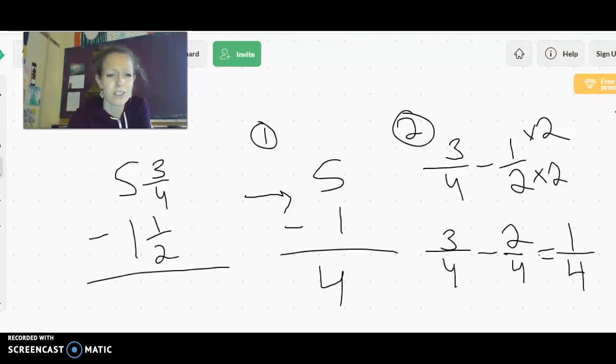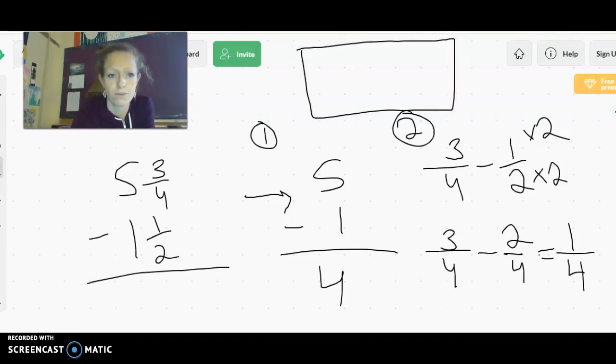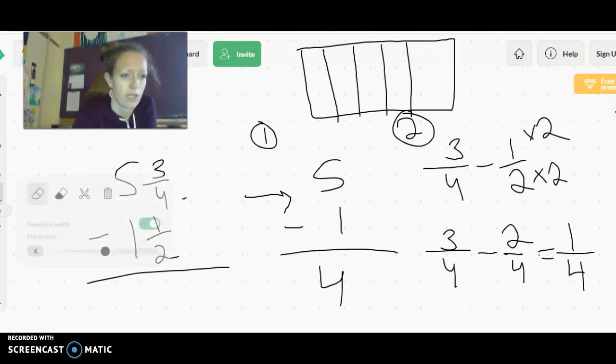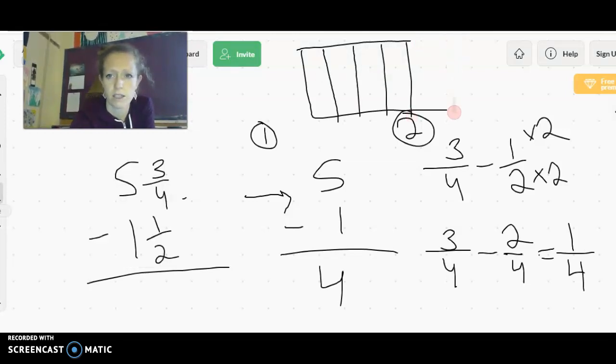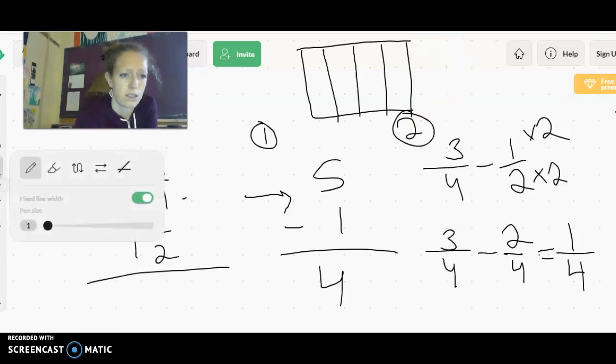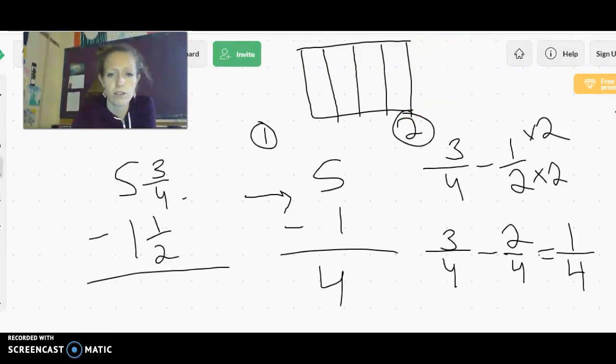And really, you could do this comprehensively, guys. So let's say we have a whole, and it's in 4 slices. So 1, 2, 3, 4. Okay, I'm going to get rid of one of those lines. All right, so I have 3/4.